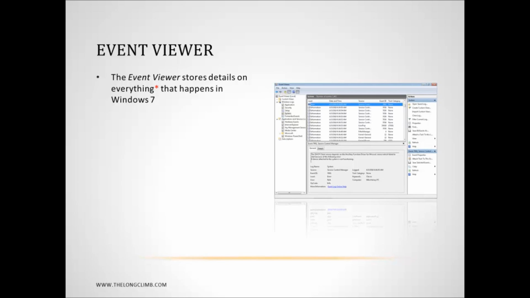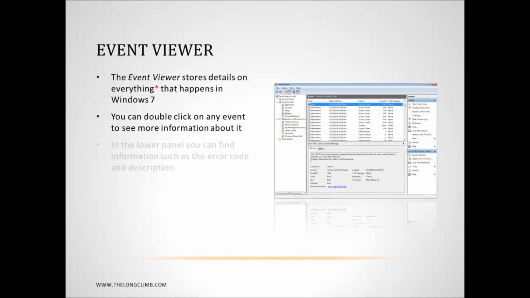But generally all the information you need is in the event viewer. You can open any event to get more information about it, and you'll see in the grey panel at the bottom there's a lot more information, including stop error codes and descriptions of errors themselves.